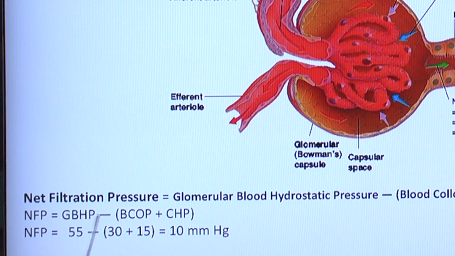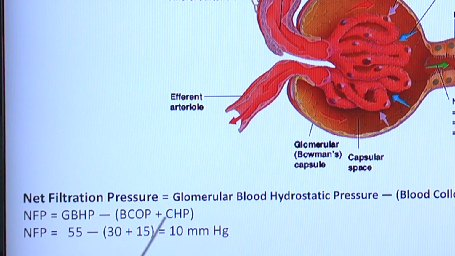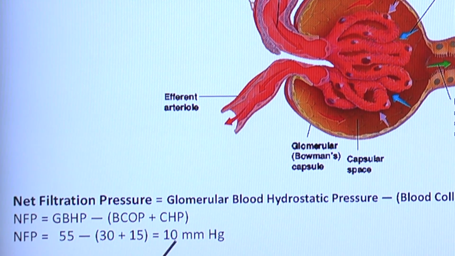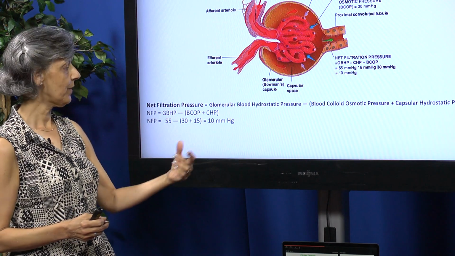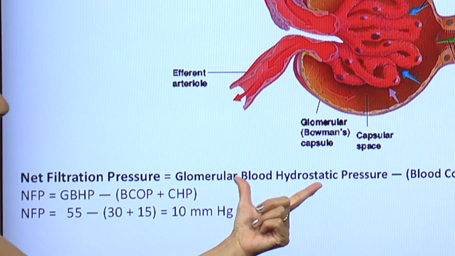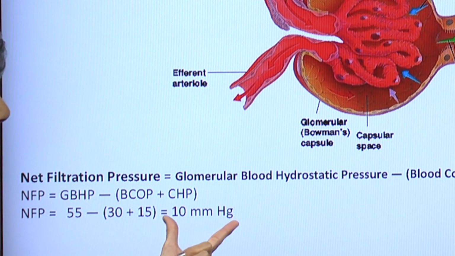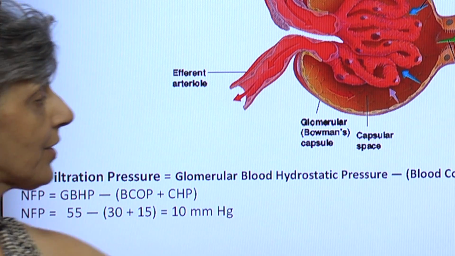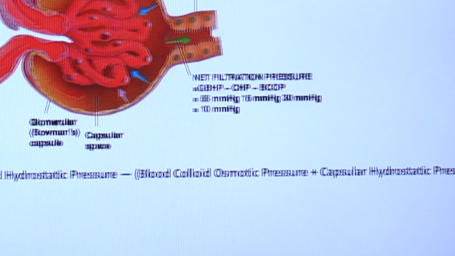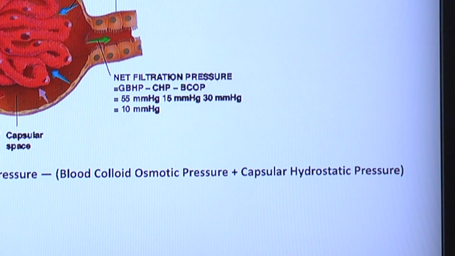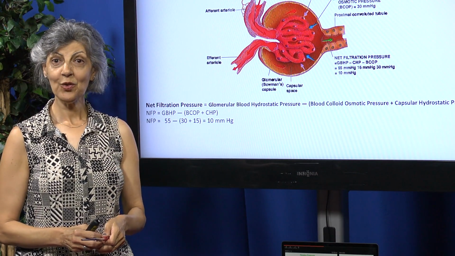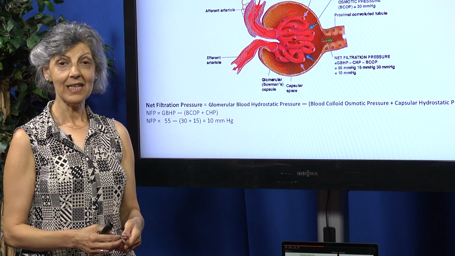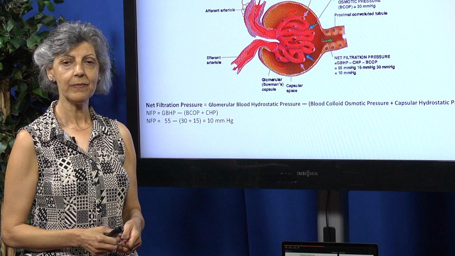We have the numbers, and eventually the net filtration pressure is about 10 millimeters mercury, which means filtration will occur, because we can see the glomerular blood hydrostatic pressure is still 10 millimeters mercury higher than those two opposing forces. All right. So now we know what is going to be happening in the kidney. Filtration will occur.